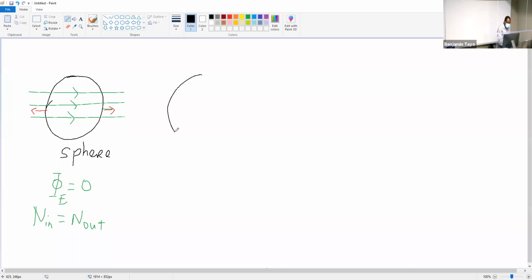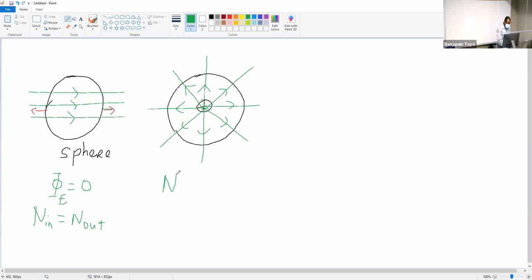What if we had something like this? I have a single charge in here. And you know that whenever you have a single charge, what is the number of field lines going out?